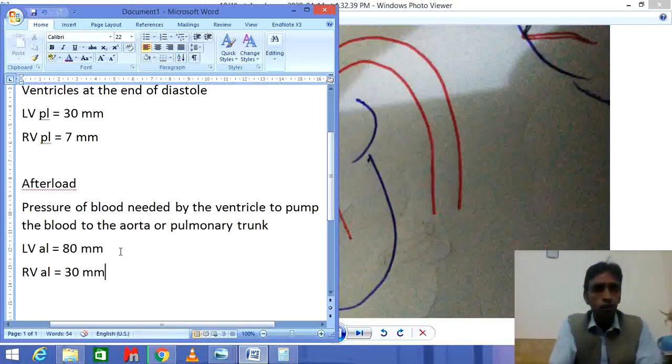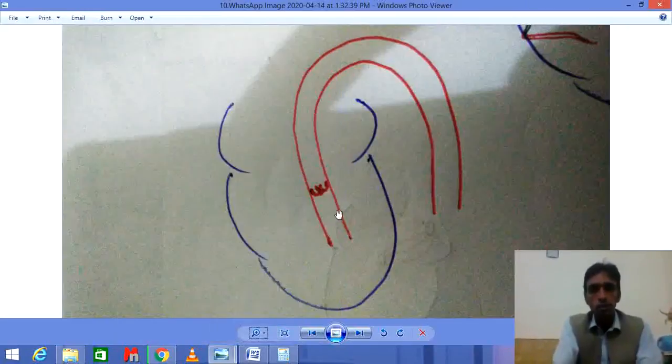So it means that at the end of diastole, when the ventricles get relaxed, the pressure of blood in the aorta is 80 millimeters, and in the pulmonary trunk the pressure of blood is 30 millimeters.